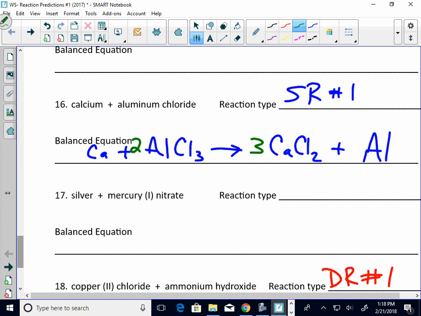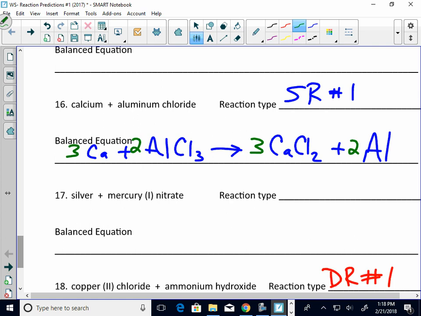So now I have 6 chlorines. That threw off my calcium. Now I'm good. Threw off my aluminum. Now I'm good. Okay, well, you did it right. Now, you wanted to see the last one too, right? Or 17.